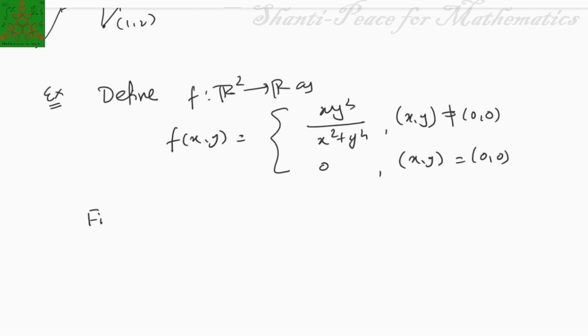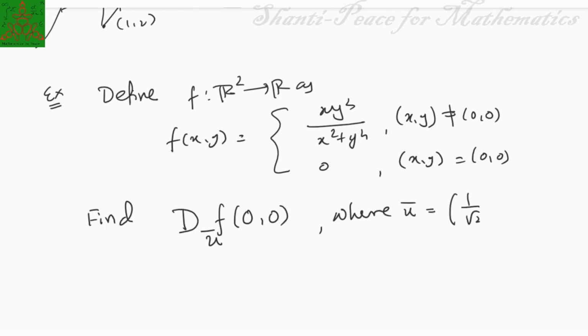The question is: find the directional derivative of f at the point (0, 0) in the direction of u bar, where u bar is (1 by root 2, 1 by root 2).